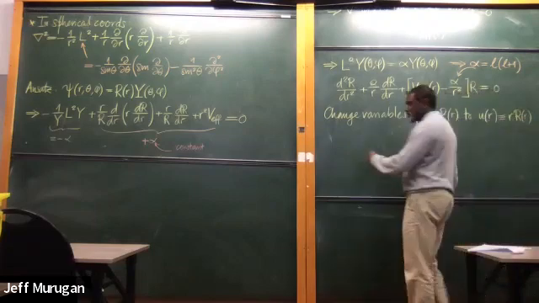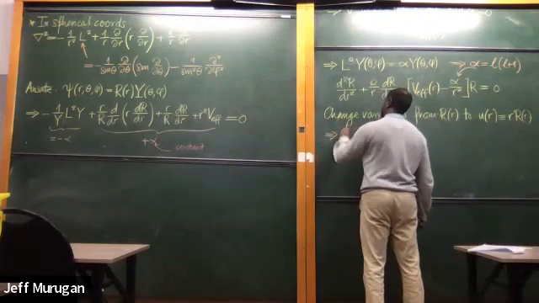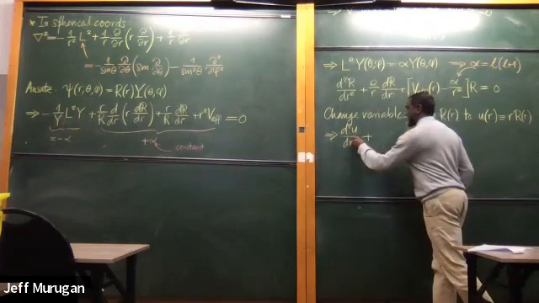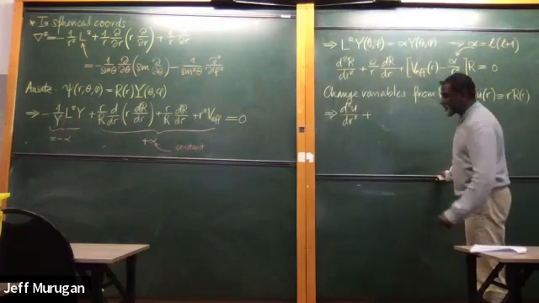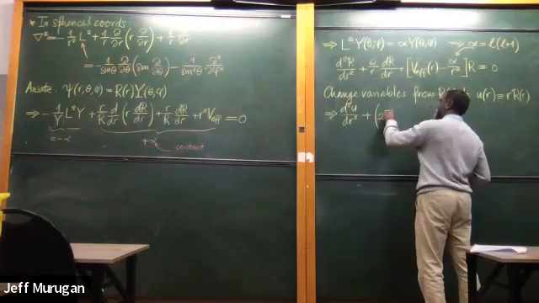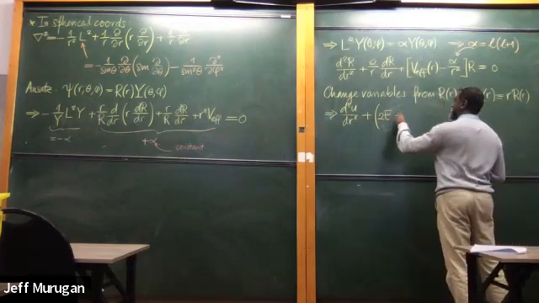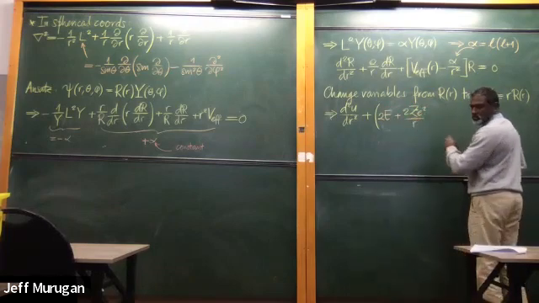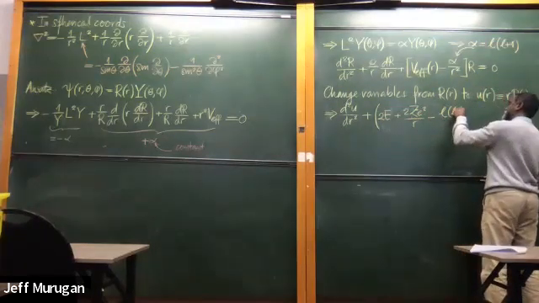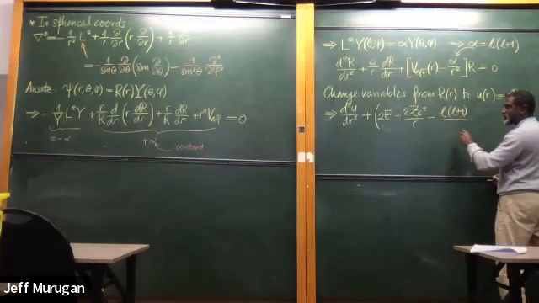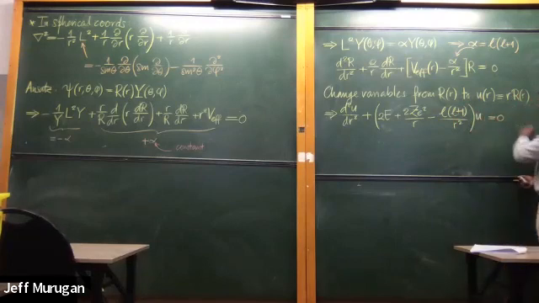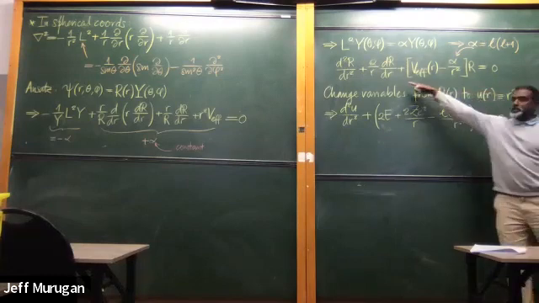In which case, my differential equation becomes a second order equation for U. It looks like this: d2U by dr squared plus 2e plus 2Z e squared over r minus l times l plus 1, that's the alpha, divided by r squared, multiplied by U. So what this change of variables does for us is it eliminates this first derivative term.